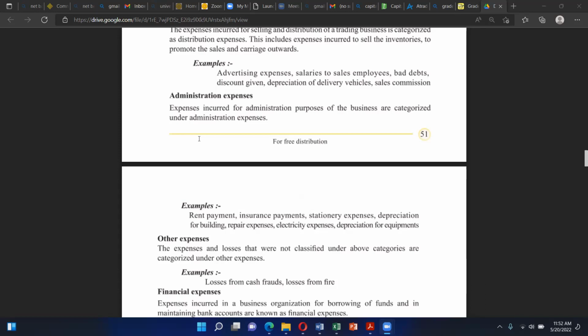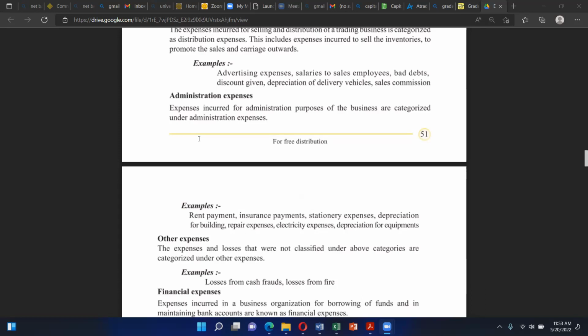And then write it down, administration expenses. These are expenses incurred for administration purpose.